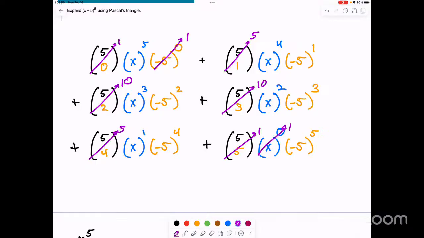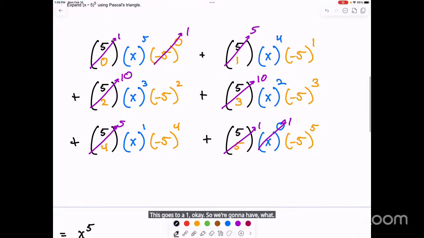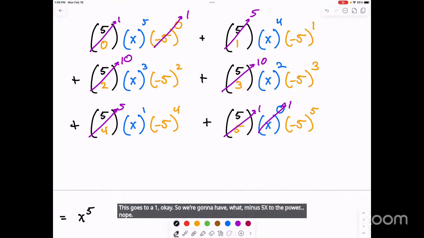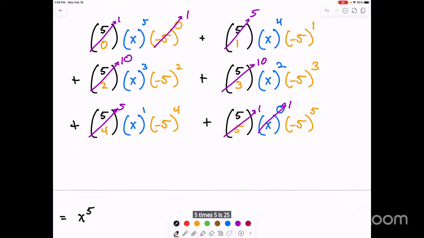So we're going to have what? Minus 5x to the power, nope. 5 times 5 is 25, so minus 25 x to the power of 4. The next one is 25 times 10. So that's 250 x to the power 3.